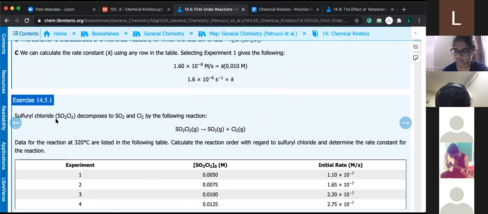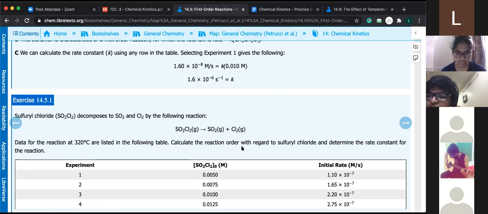Okay. Sulfuryl chloride, SO2Cl2, decomposes to SO2 and Cl2 in this reaction. The data for the reaction at 320 degrees Celsius, constant temperature, is given. Again, four iterations of the experiment with varying concentrations, showing how the rate varies.